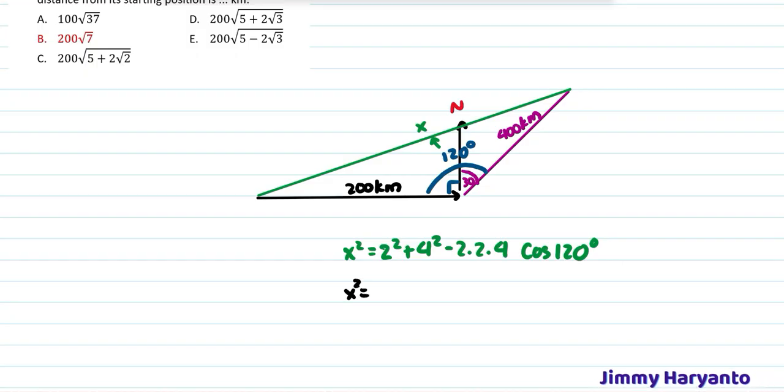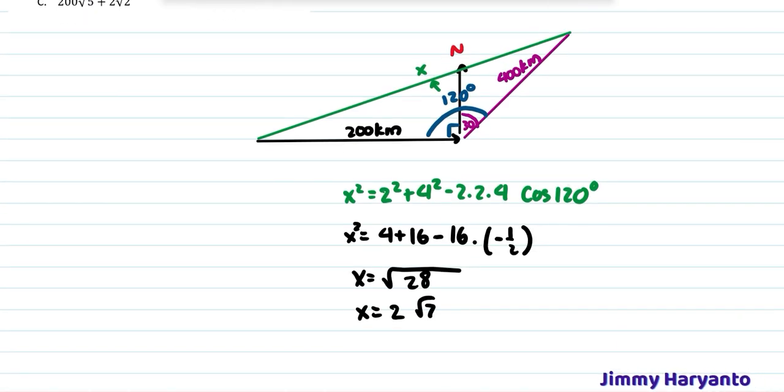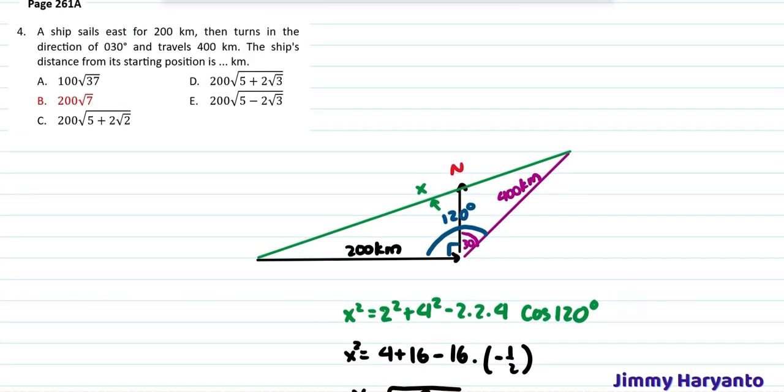X square equals to 4 plus 16 minus, this one is 16 times negative half. So x equals to square root of 20 plus 8, 28. That means x equals to 2 square root of 7. Remember, we still have the 0. That means 200 square root of 7. Okay, good.